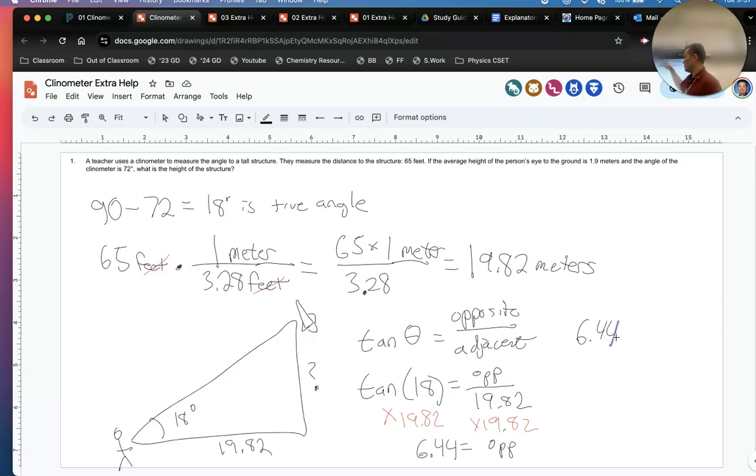So in geometry, it's taught that tangent of any angle will equal this side divided by that side. So it's kind of like a formula. 19.82, but then I asked Shauna to cancel out the 19.82, so he multiplied both sides.